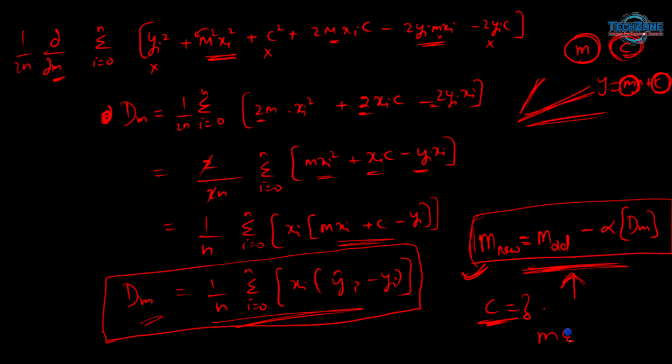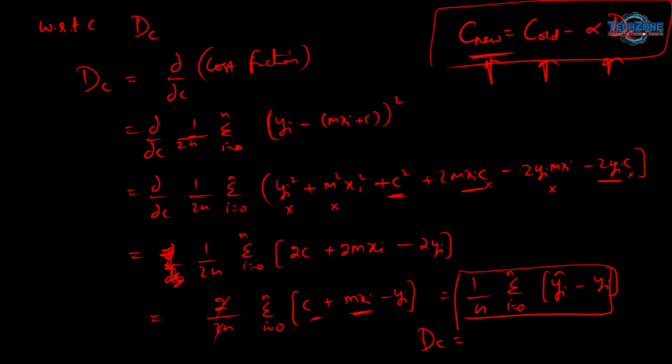So if m and c, that is slope and y-intercept, are changing, our linear regression will find the best fit line. This was a lengthy video, but we have covered everything, each and every minute mathematical part of gradient descent. Thank you so much for watching the video.